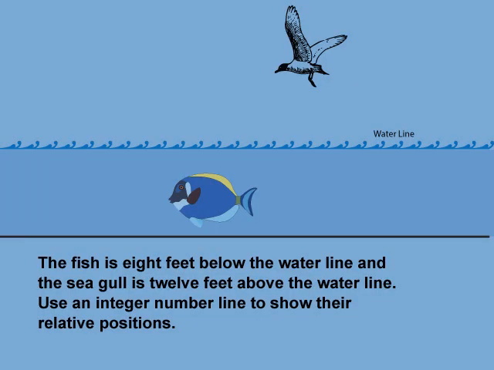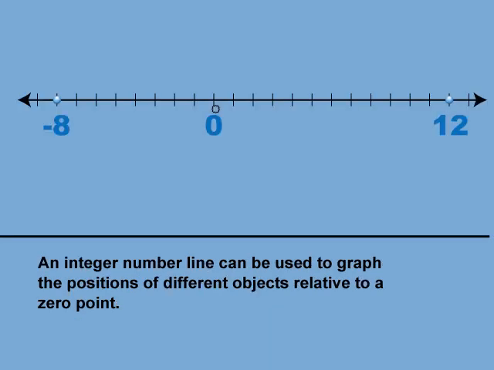The fish is 8 feet below the waterline, and the seagull is 12 feet above the waterline. Use an integer number line to show their relative positions. An integer number line can be used to graph the positions of different objects relative to a 0 point. Here is the 0 point of this number line.